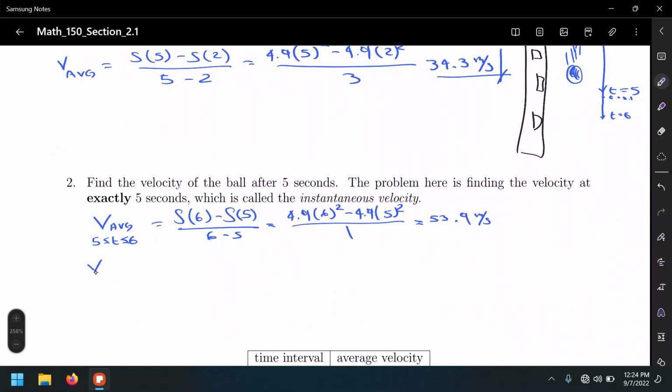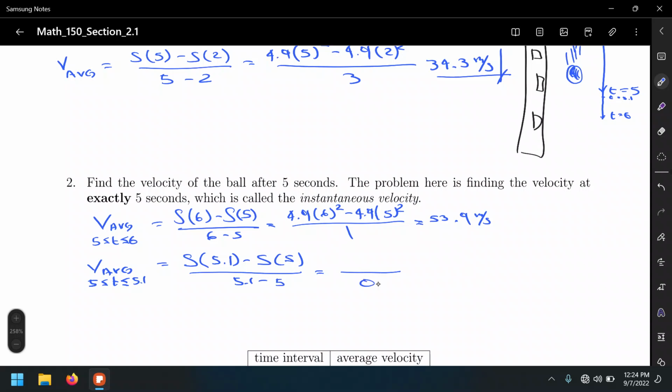So V average between 5 and 5.1. When we compute this quantity, that's S of 5.1 minus S of 5 over 5.1 minus 5.